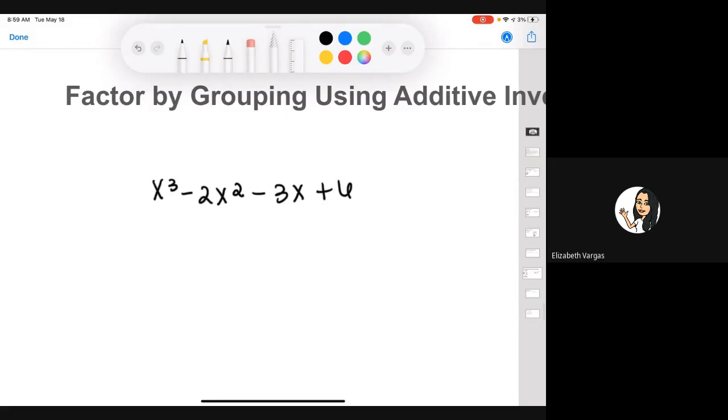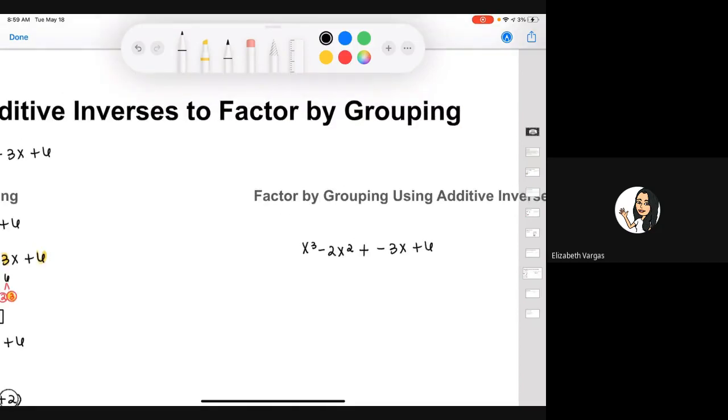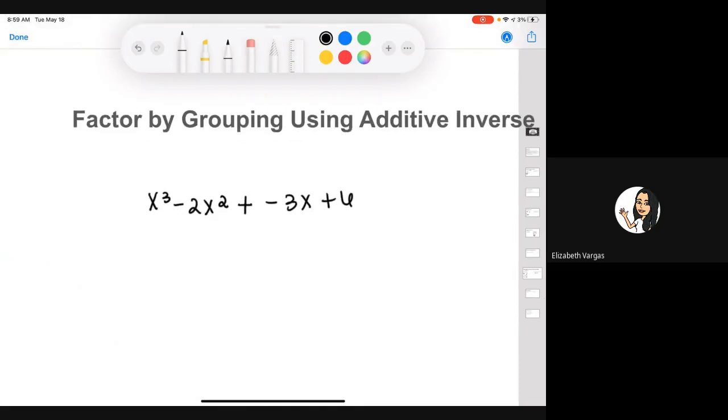So I'm going to add the additive inverse. So basically that means I'm going to take this and add the additive inverse.